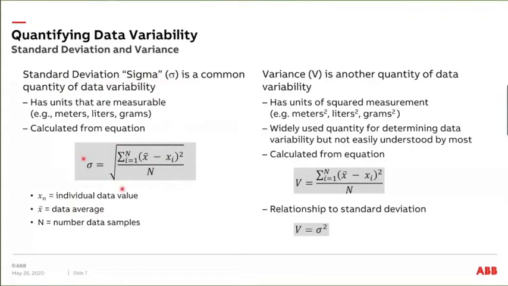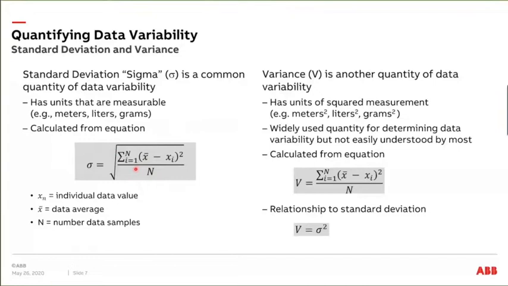To give you the equation, you're looking at the average, and at each data point, how far that data point deviates from the mean, or the average. The deviation from the mean is then squared, summed, divided by the number of data points, and then the square root is taken. So the sigma helps to measure how much variability is in that data, the variability from average.